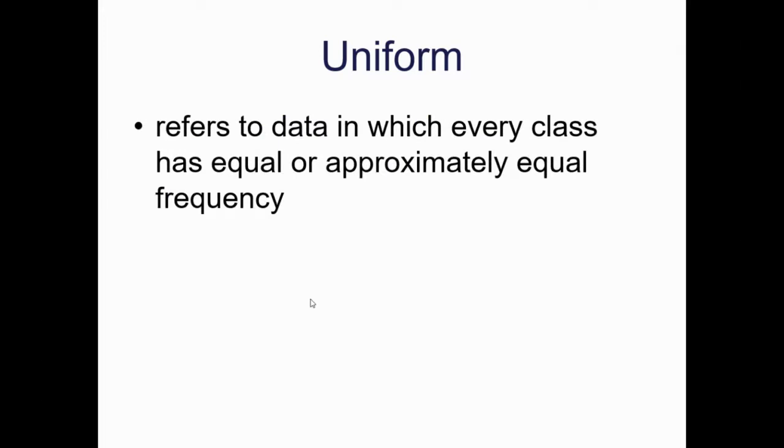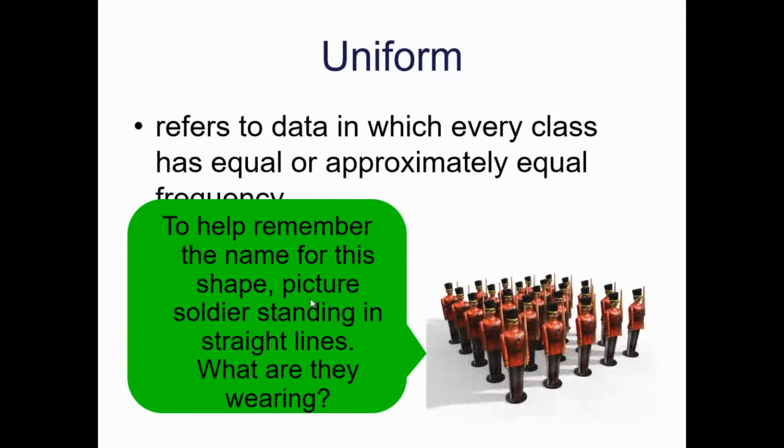Now let's look at something called uniform in shape. It refers to when data in every class has equal or approximately equal frequencies. The way to remember uniform is to think of soldiers, or even the band in block formation.